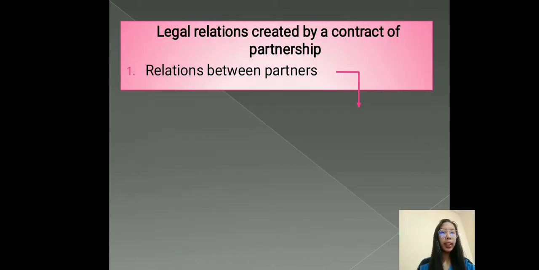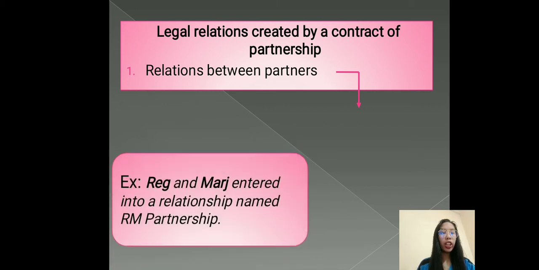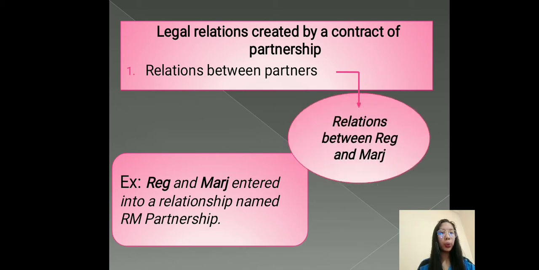So when we say the relations between partners, I have an example here. Reg and Marge entered into a relationship named RM partnership. So, number 1 refers to the relations between Reg and Marge.